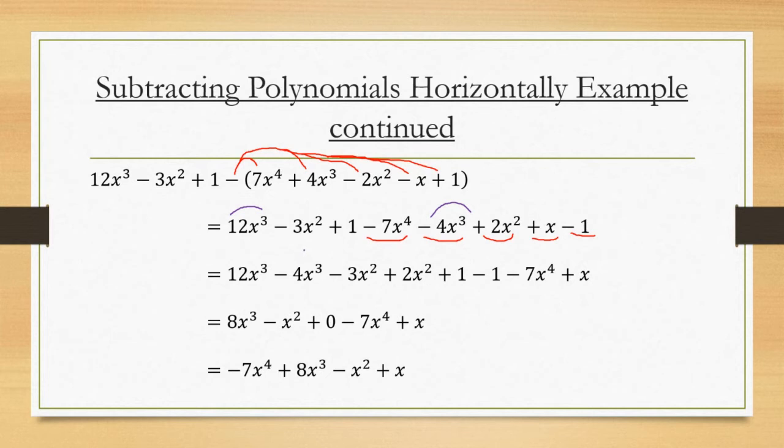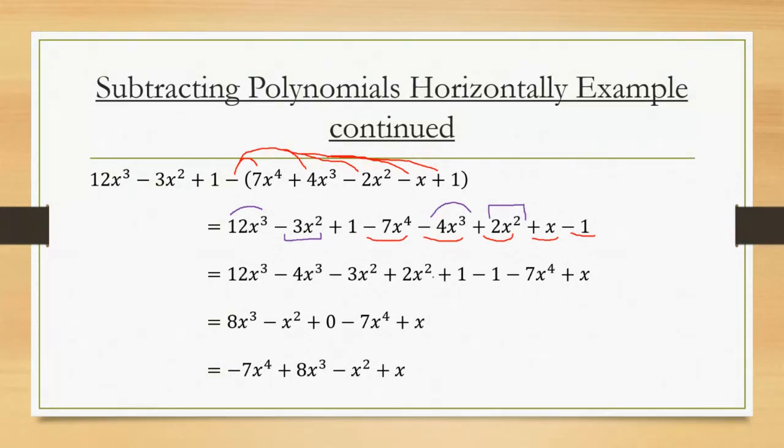Okay, that's good. What about minus 3x squared? Can we combine this with anything? Well, let's see. The minus 3x squared and 2x squared are like terms.